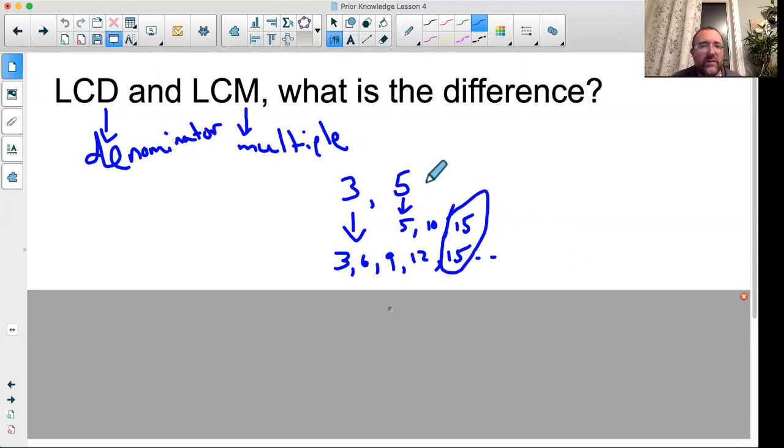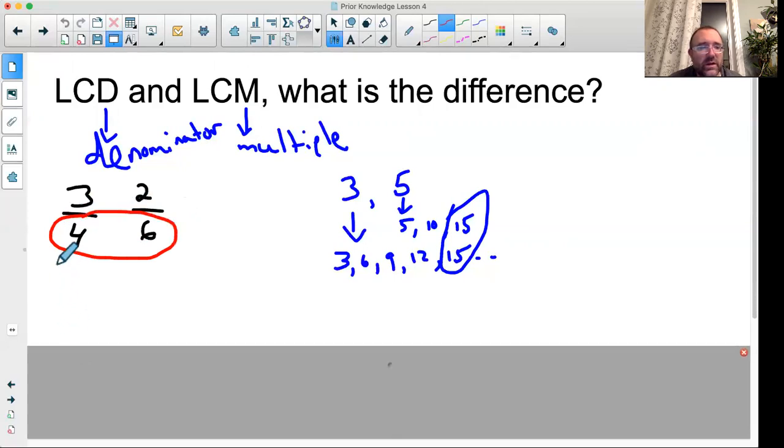It's 3 and 5. Now the lowest common denominator is dealing with fractions, because denominator means the bottom of the fraction. And if you had 3 over 4 and you wanted to find the lowest common denominator with 2 over 6, you need to do the same thing as we did earlier: find the lowest common multiple of these two values.